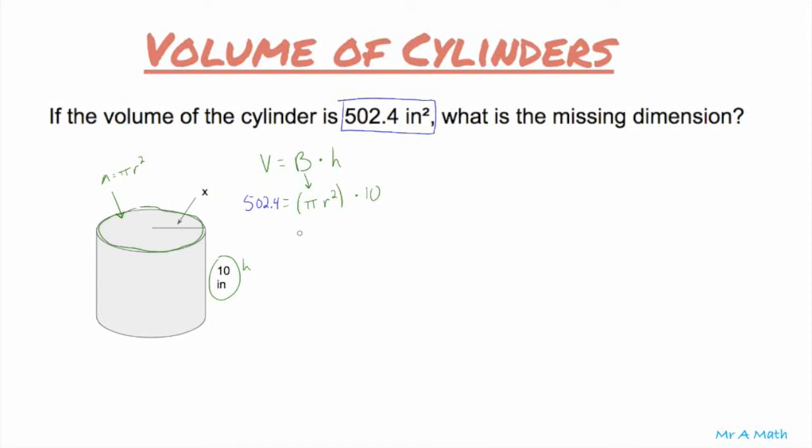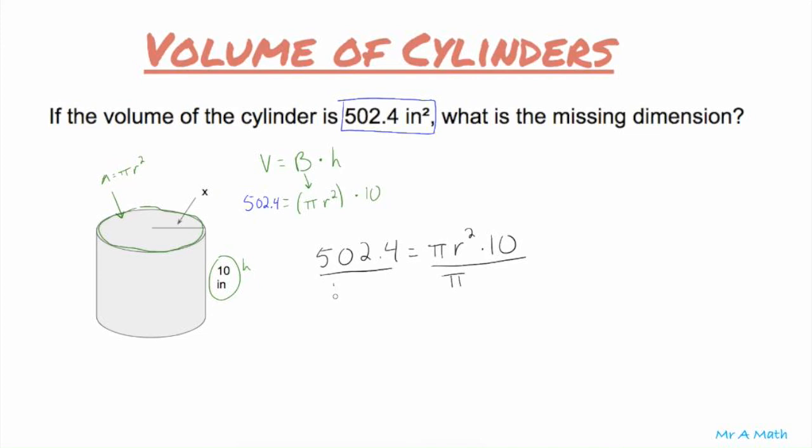Okay, so now we just have to refresh ourselves on how to solve for a variable. The equation that I've written out is 502.4 equals pi r squared times 10. And so to solve for any variable, what I have to do is the inverse operation. So in order to invert pi times radius squared, I need to divide it by pi so that the pi's cancel.